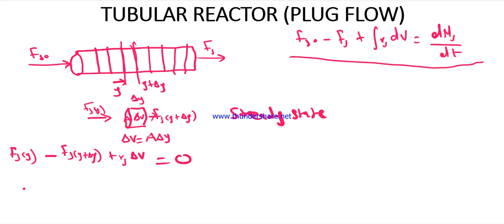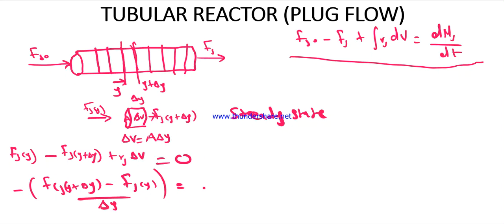If we rearrange this in a derivative form, it will look like this: Fj at y plus delta y minus Fj at y, divided by delta y, is equal to what? Minus A rj.